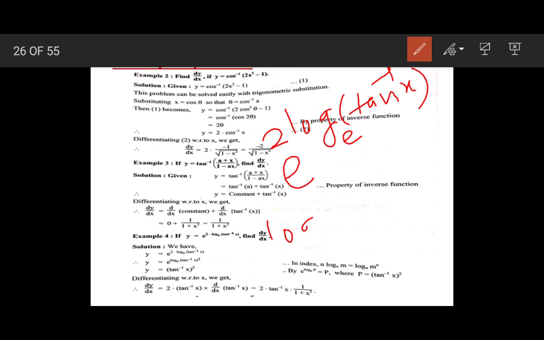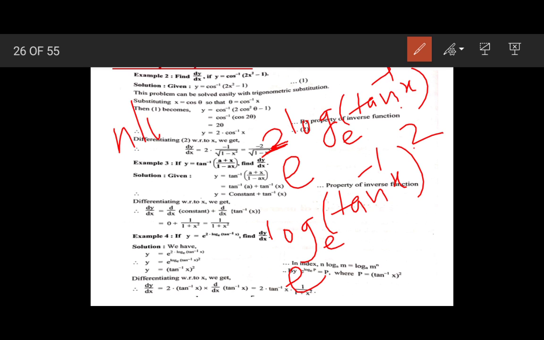Here y is equal to e raised to 2 log tan inverse x to the base e. Okay. What is given? e raised to 2 log tan inverse x to the base e. Now can I write this as e raised to log (tan inverse x) square to the base e, right? This 2 is nothing but the index or power of tan inverse x, right?